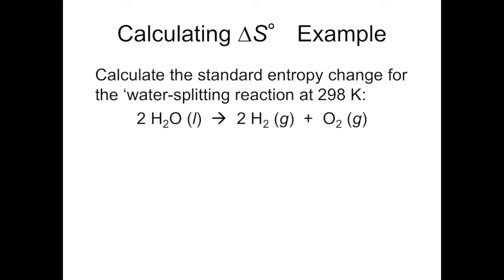So if we want to calculate the standard entropy change for water splitting up into hydrogen and oxygen gas, we can do that by looking up in a table the standard molar entropies for liquid water, for gaseous H2, and gaseous O2.